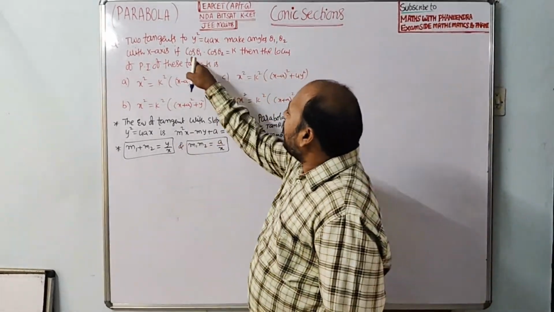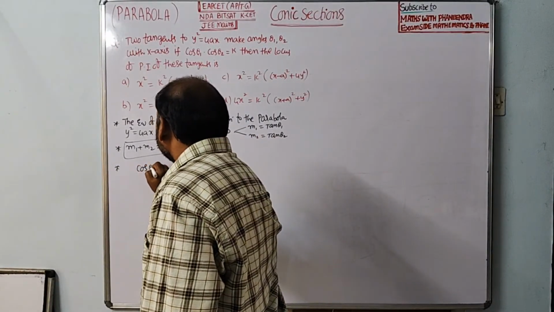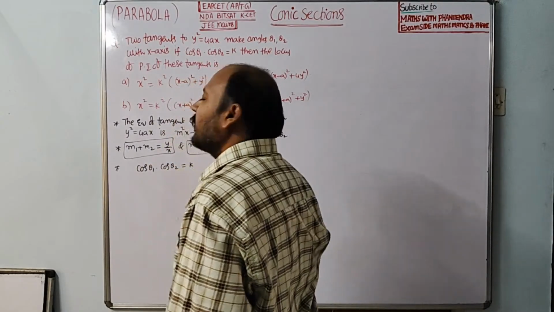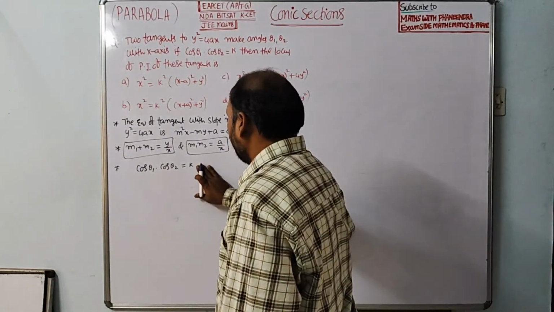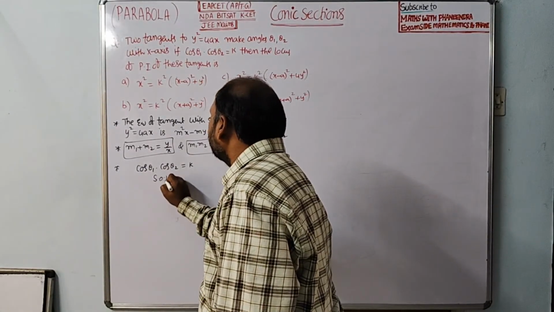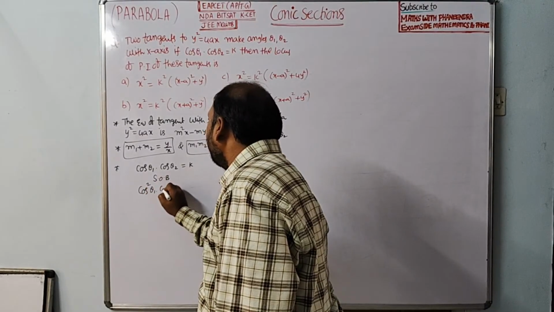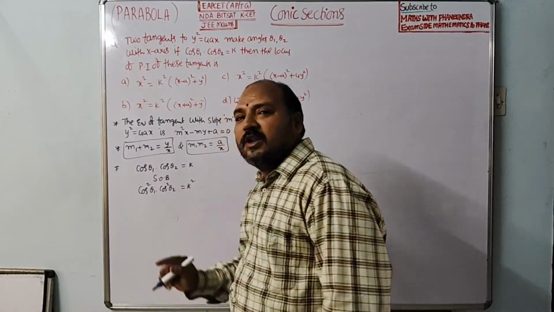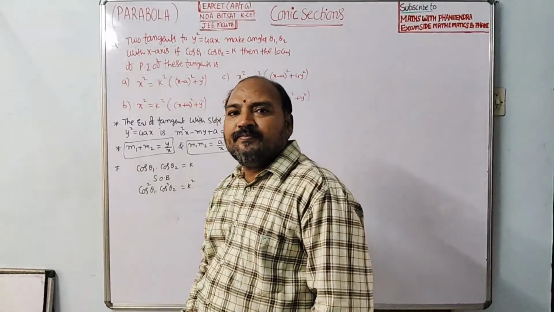And the given condition is cos theta 1 into cos theta 2 is equal to k. Squaring on both sides, cos square theta 1 into cos square theta 2 is equal to k square. Why are we squaring on both sides?